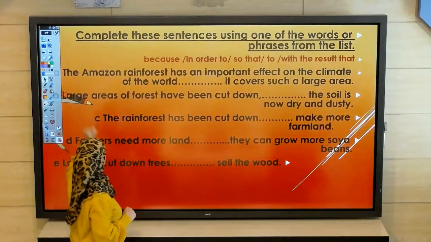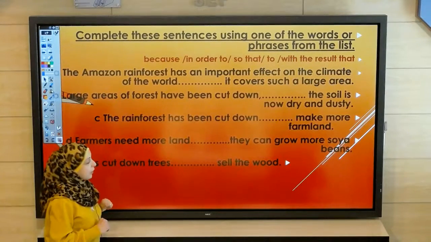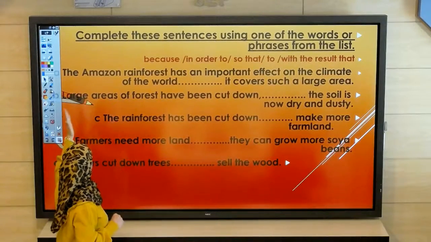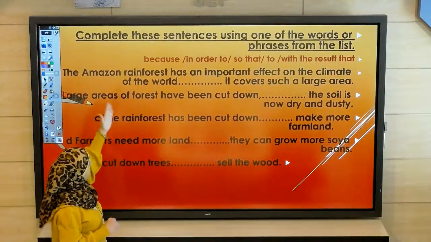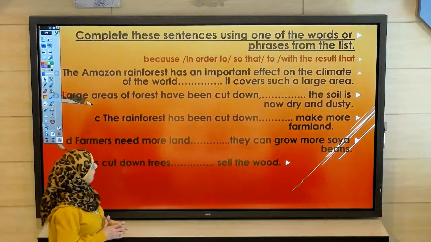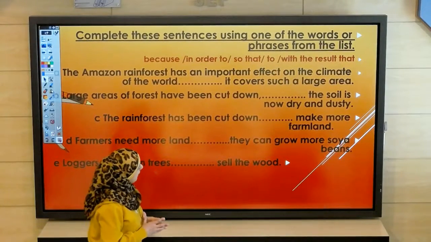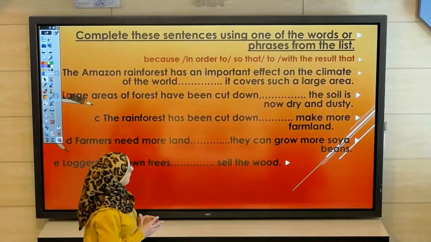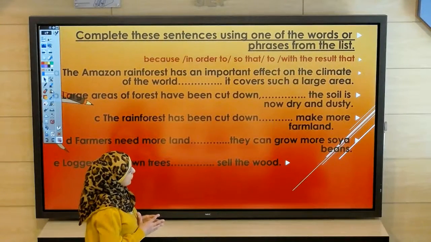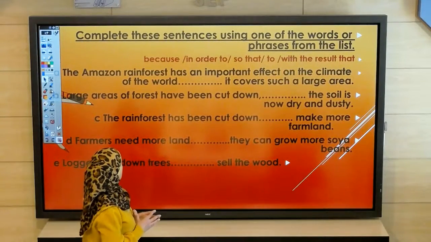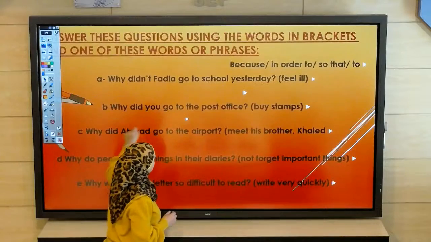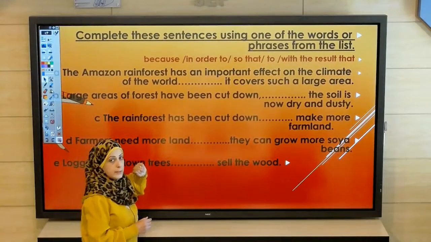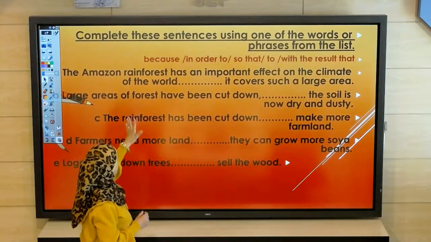Notice A, let's start by A. Okay, and try to answer with us. The Amazon rainforest has an important effect on the climate of the world. It covers such a large area. Now, what is the suitable word here? Look at it carefully.